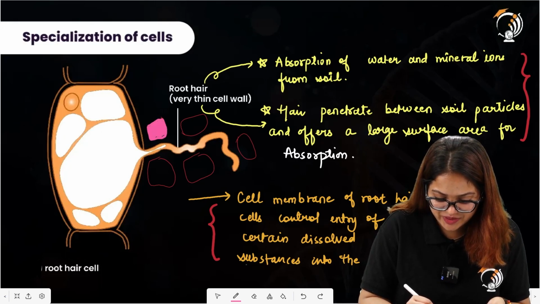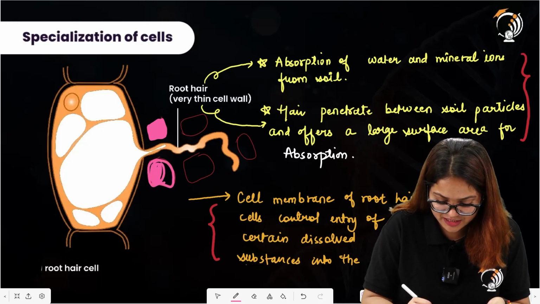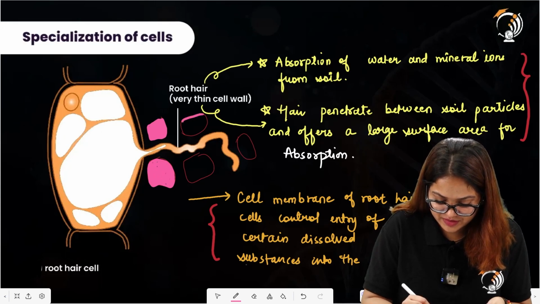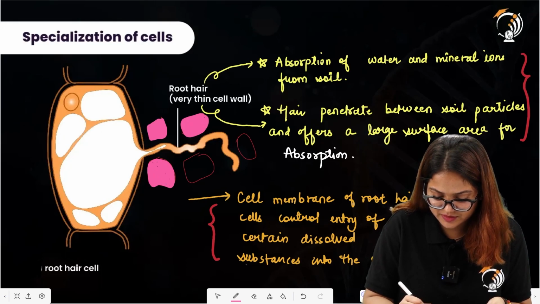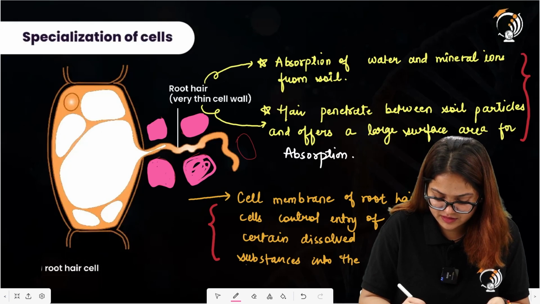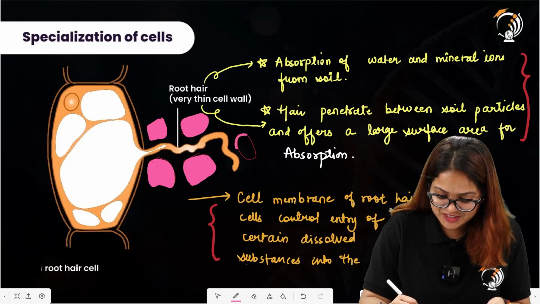All right, I'm representing here the soil particles by this pink color. Did you ever see the pink soil?